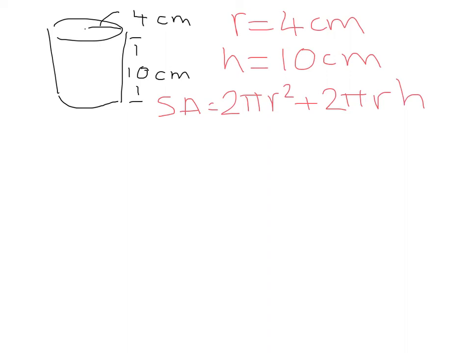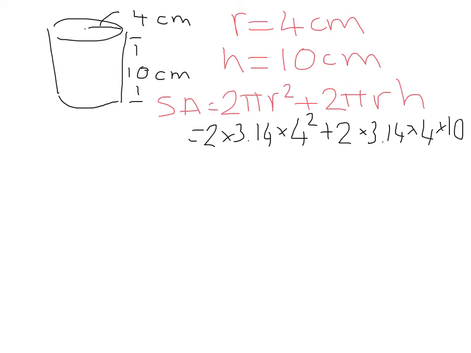Now I'm going to plug the information into the formula as it's given to me. So again, equals 2 times 3.14 times 4 squared plus 2 times 3.14, and I'm going to run out of space again, 4 times 10 to squeeze it in there. And like we did in the previous video, you're going to do it step by step, filling in only things that we know.